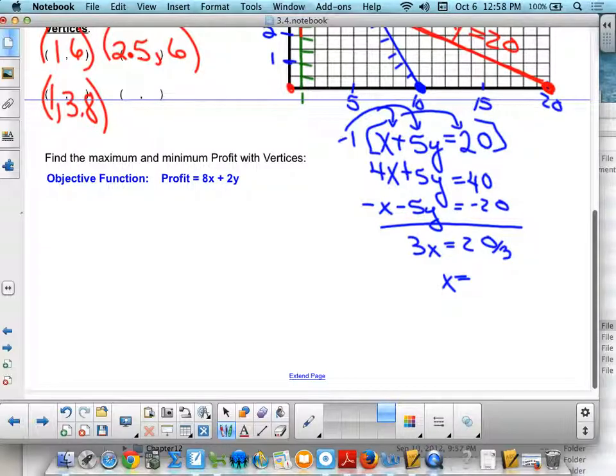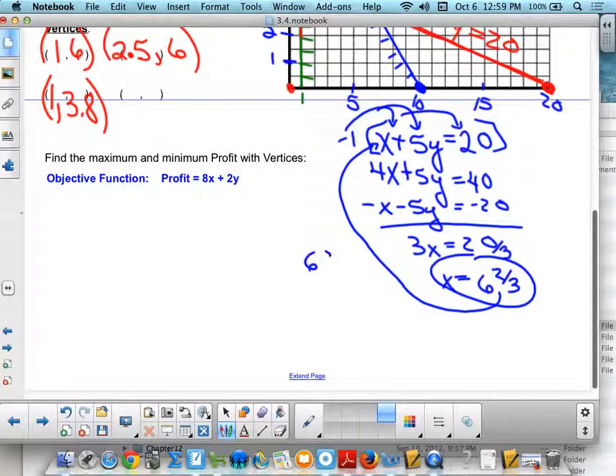It's 6 repeating, isn't it? 6 repeating is 6 and 2/3. Okay, now where would you put the 6 and 2/3? In for one of the x's. How about that one right there?